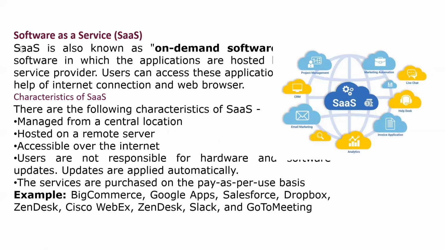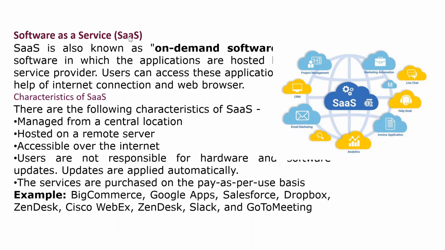Now, the last kind of service we are going to discuss is software as a service. Therefore it is abbreviated as SaaS. The middle two A's are small, and the first and last letters are bigger in this case. So this is the style in which it is written. SaaS is also known as on-demand software.